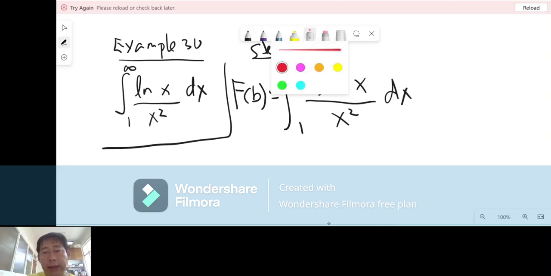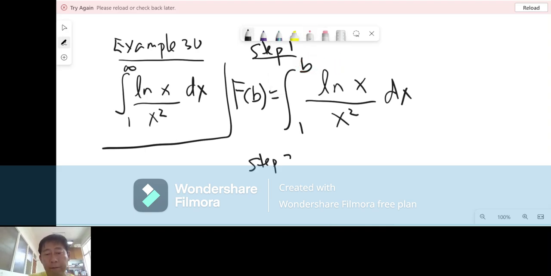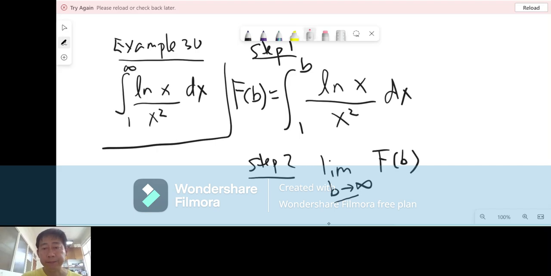It is assumed at this stage the value of b is a finite number. Once we have obtained the expression for f of b, the second step is then to perform the limit taking procedure of the function f by setting b to infinity. So let us proceed with step number 1.